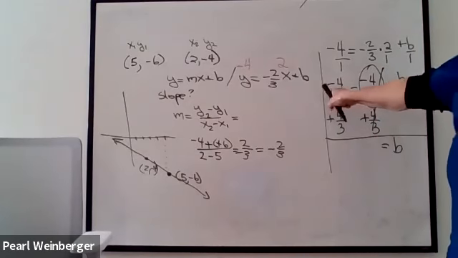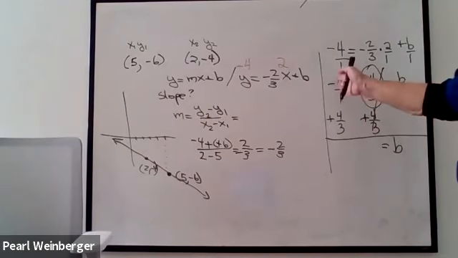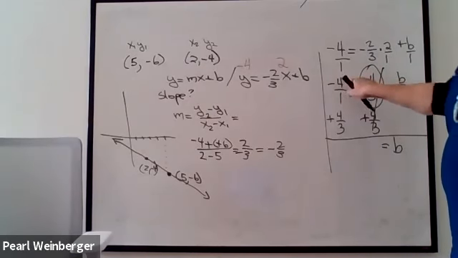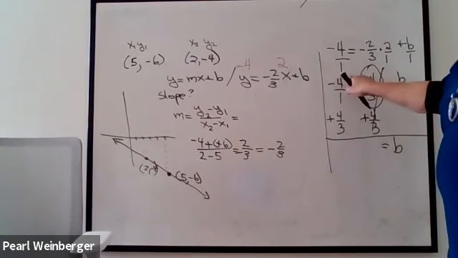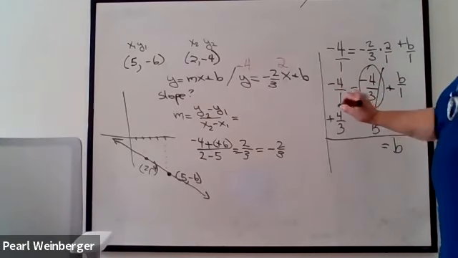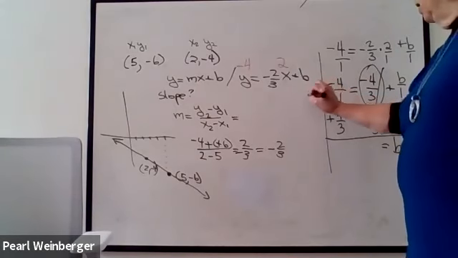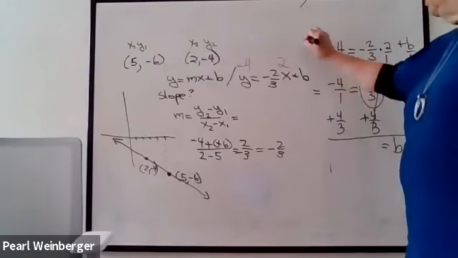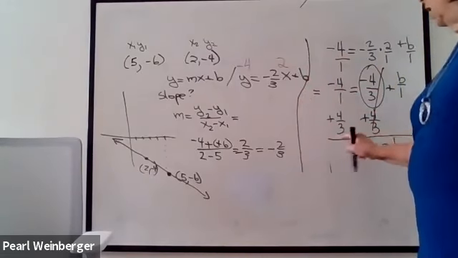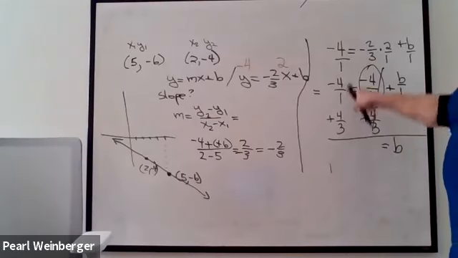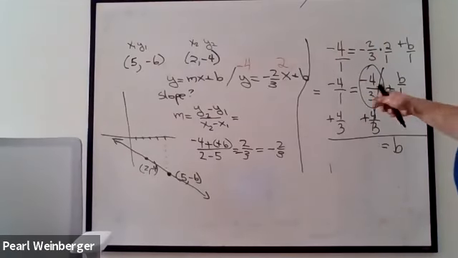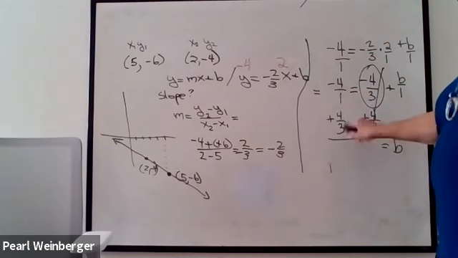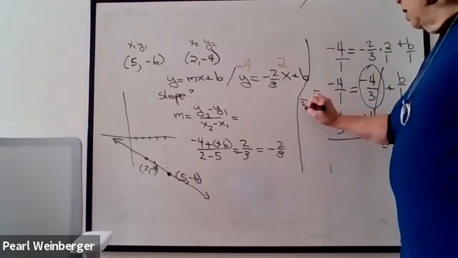This you can use your calculator for, but if not, you want to add -4/1 with +4/3. In order to do that, you really need a common denominator. You can either add it down or add it next to each other. The common denominator between 1 and 3 is going to be 3.